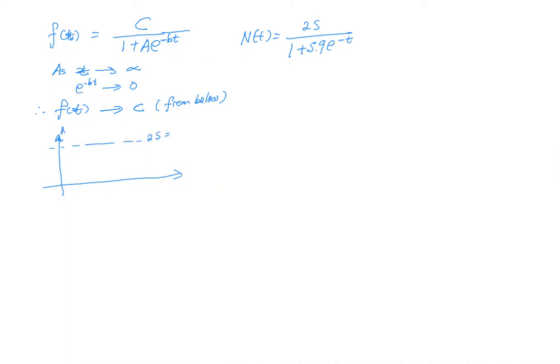Yeah, this is your N(t). Okay, initial t equal to 0, so you start with 25 divided by 6.91. About 7 point something, correct?